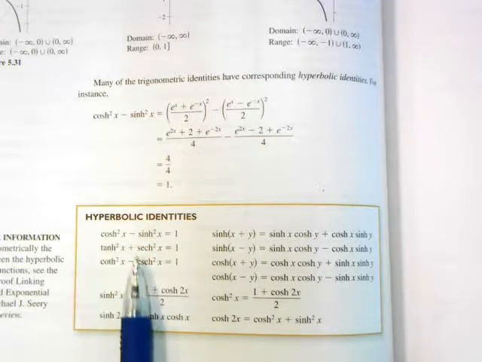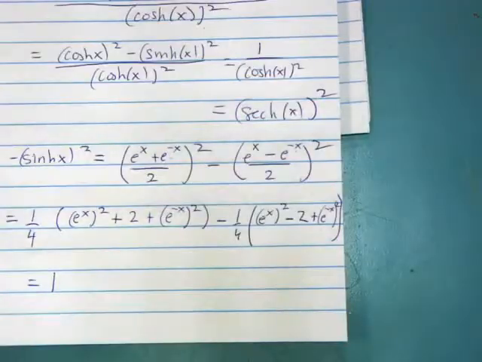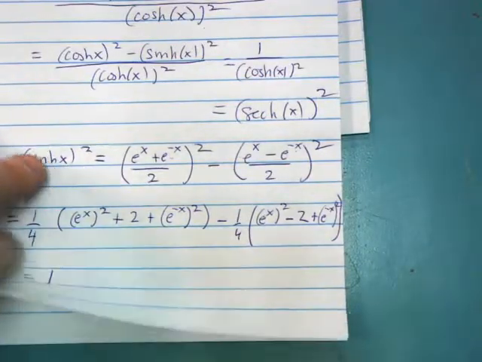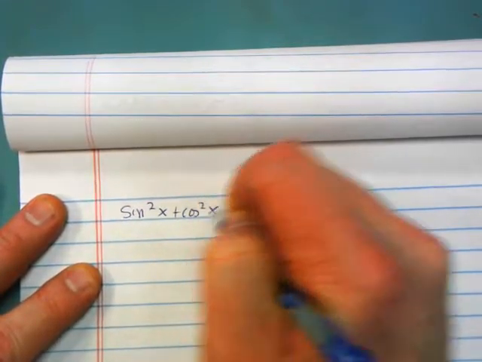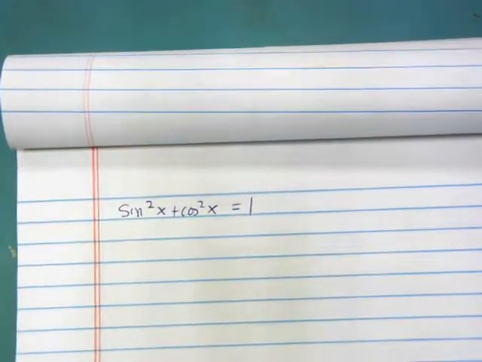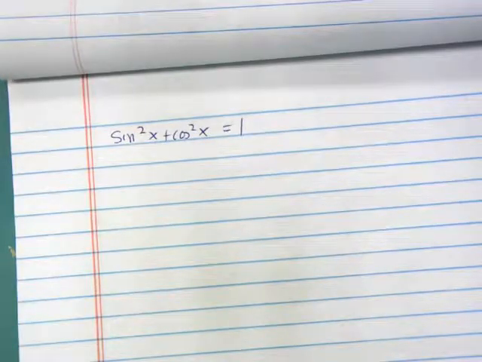What's the rule in trigonometry for tangent squared and secant squared? Well, in trigonometry, everybody remembers this one: sine squared x plus cosine squared x equals 1. There's a rule similar to that, but it involves tangents and secants.